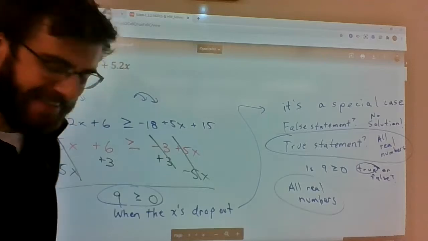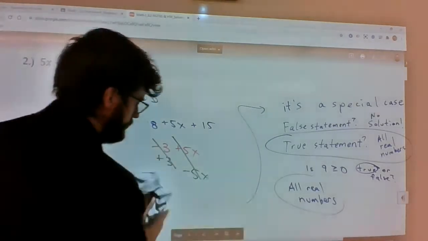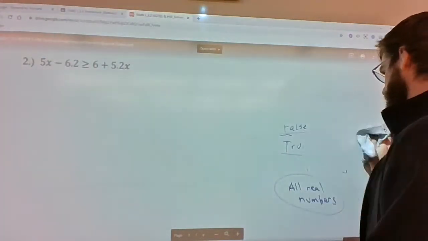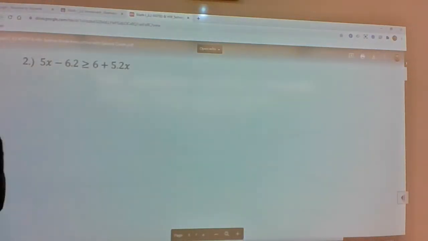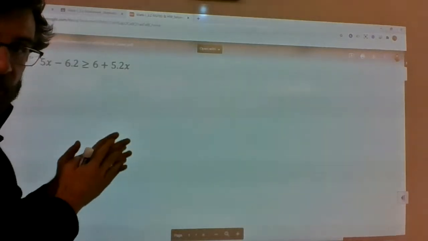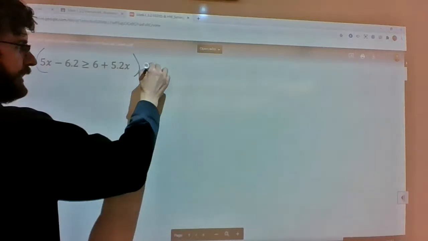Number 2, I see decimals. We can get rid of those decimals right away by multiplying both sides of the inequality times 10. You can do that to an inequality, just like you could with an equation.